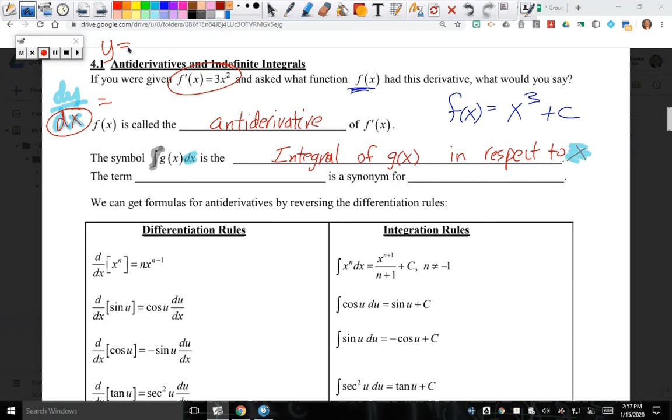Otherwise, you couldn't derive it. So this has to be written in terms of x so that you can integrate it. The term integral is a synonym for antiderivative.